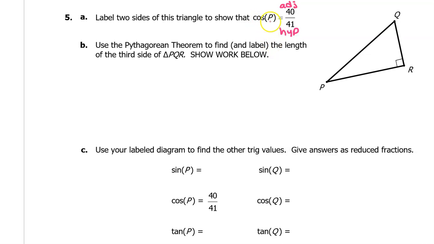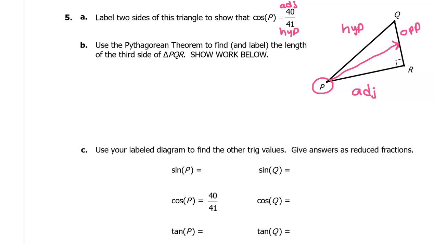We're talking about the cosine of angle P, so let's circle angle P, and let's draw an arrow going away from angle P. That arrow will indicate the opposite side. So this is the opposite side. The hypotenuse is always across from the 90-degree angle. So this right here is definitely the hypotenuse. And that just leaves this side over here as the adjacent side.